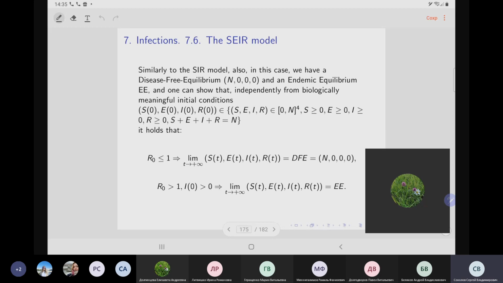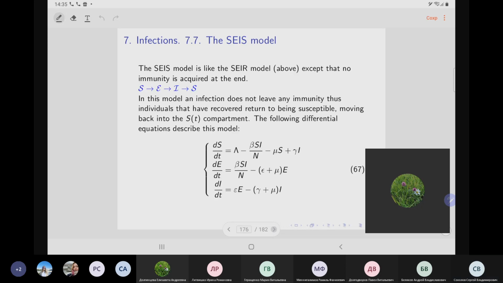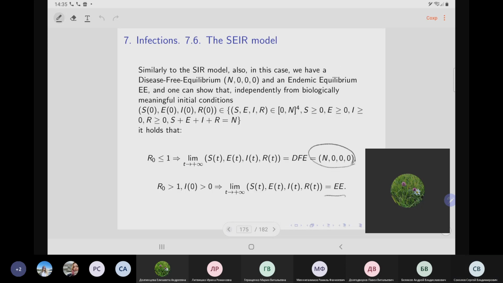The analysis for this model can give us the same situation with the disease-free equilibrium, when no one is sick, and there is the endemic equilibrium. And we can find it using our equation.